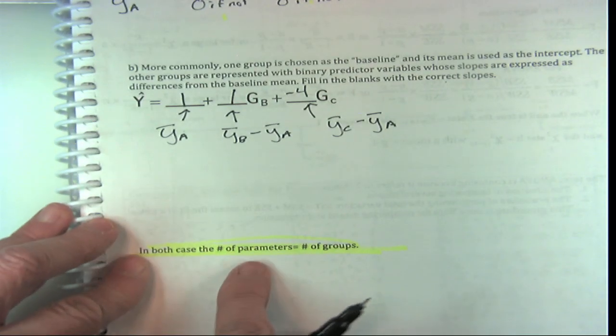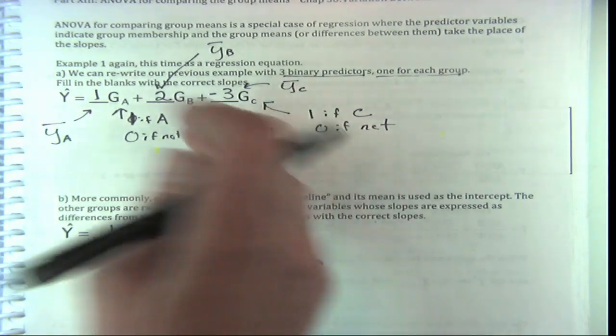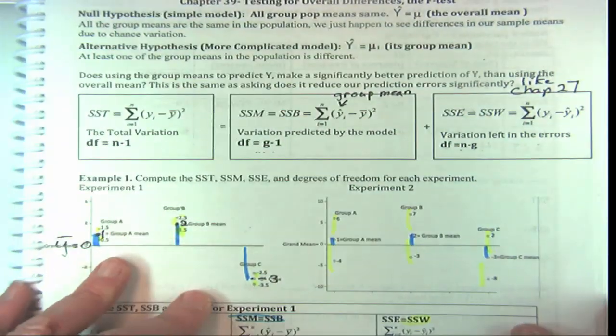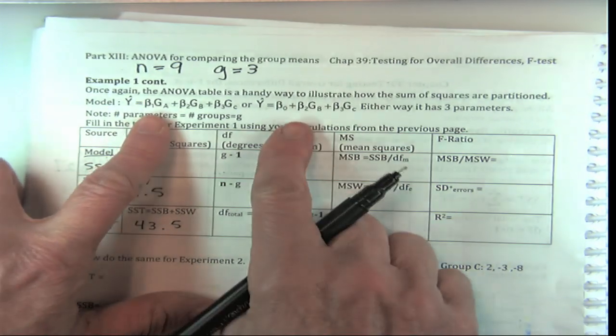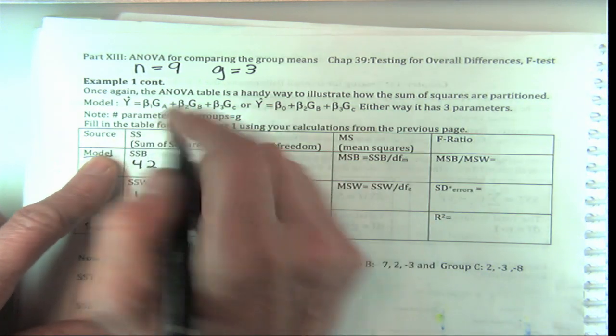I just want to show you how it can be written as a linear model. Okay? So now we're going to use that right here. So either way you could write the model, and either way just remember that it has 3 parameters.